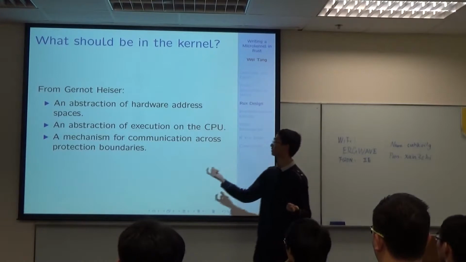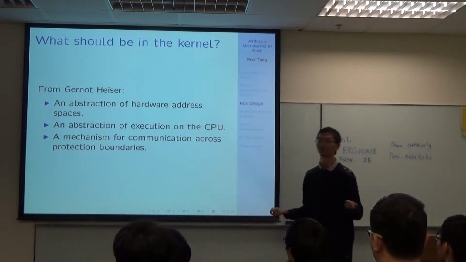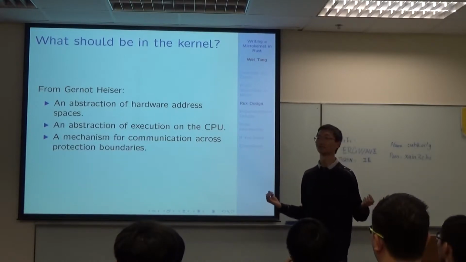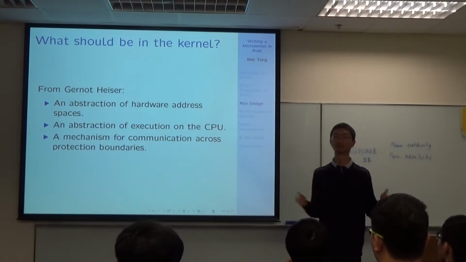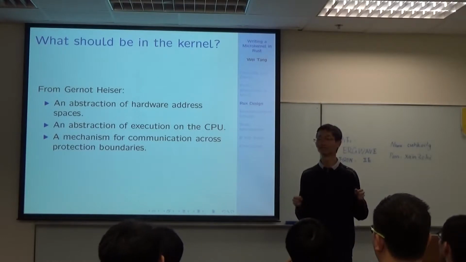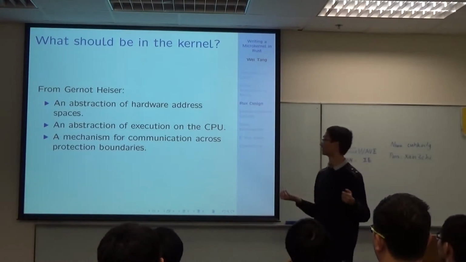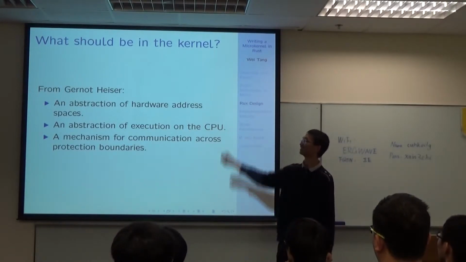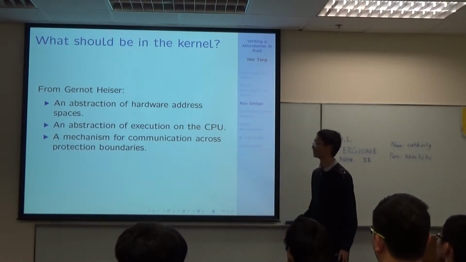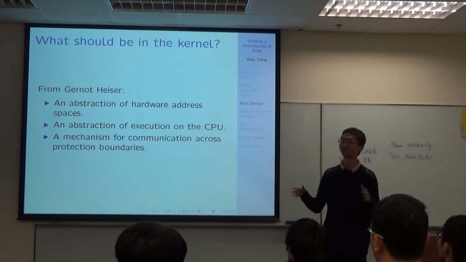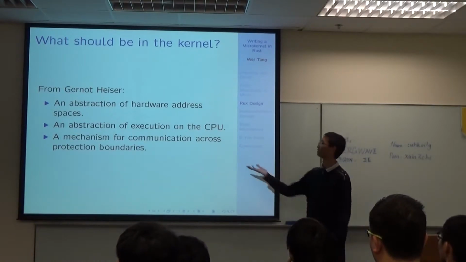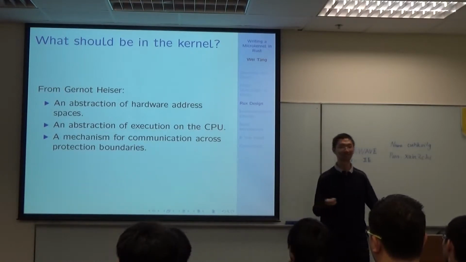You also need an abstraction of execution on the CPU, which basically makes the CPU share time, so different threads or tasks can share the execution. And because you have isolated those tasks, you need a mechanism for communication across protected boundaries. In a microkernel, that is the inter-process communication.